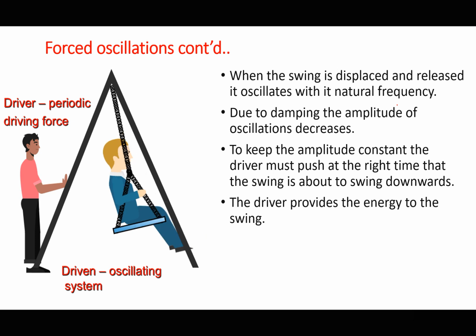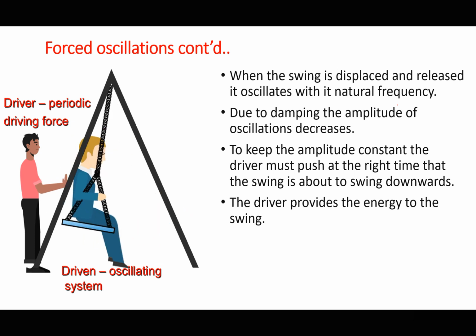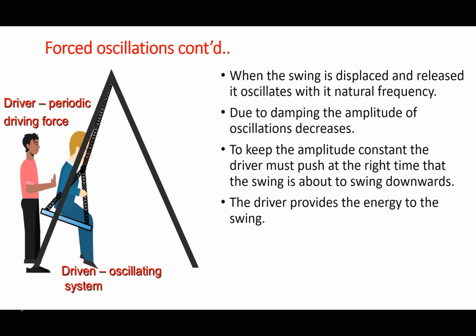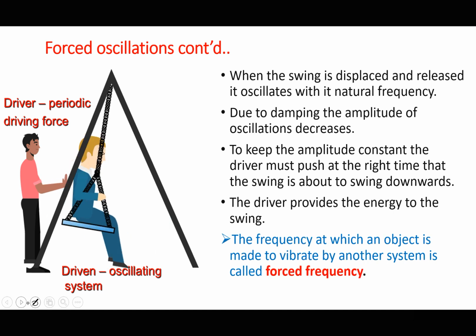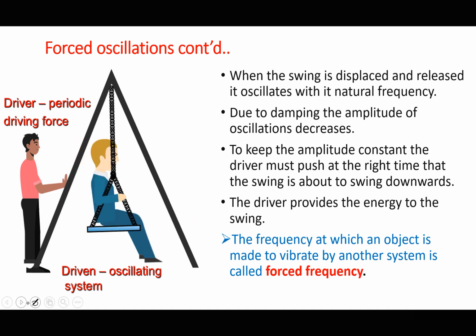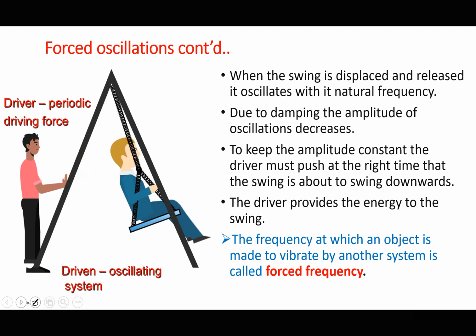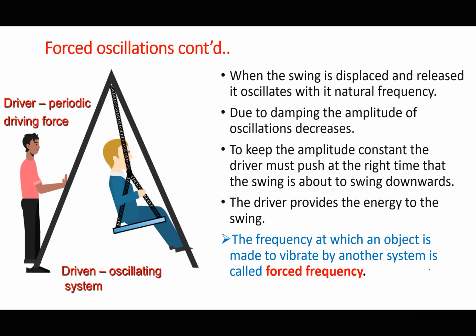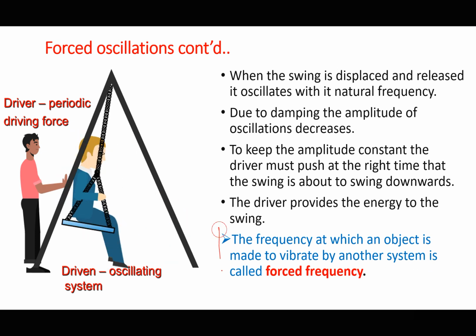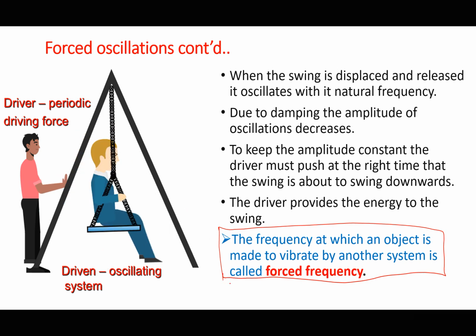But because the person is continuously being pushed, the frequency with which they are oscillating is going to be called the forced frequency. So the frequency at which an object is made to vibrate by another system is called the forced frequency. So now you know the difference between a natural frequency and forced frequency.